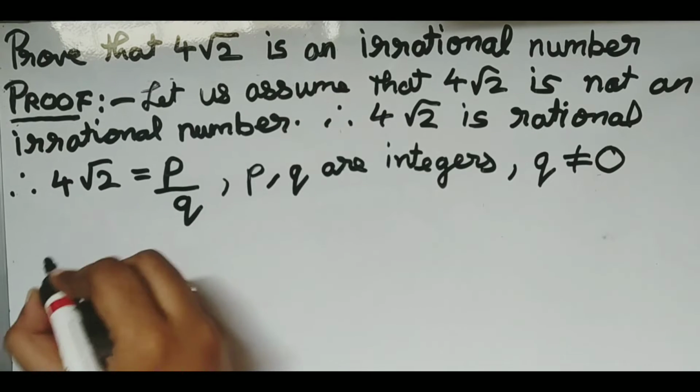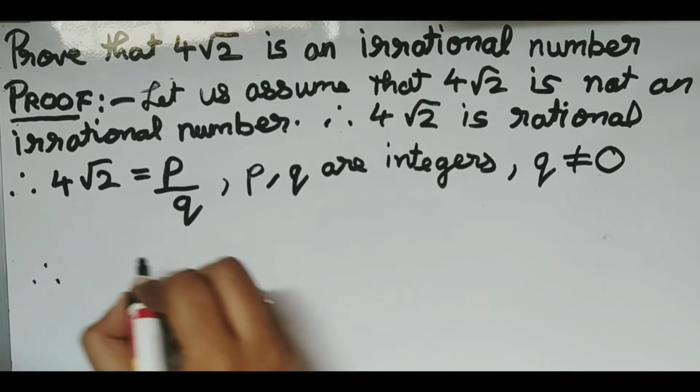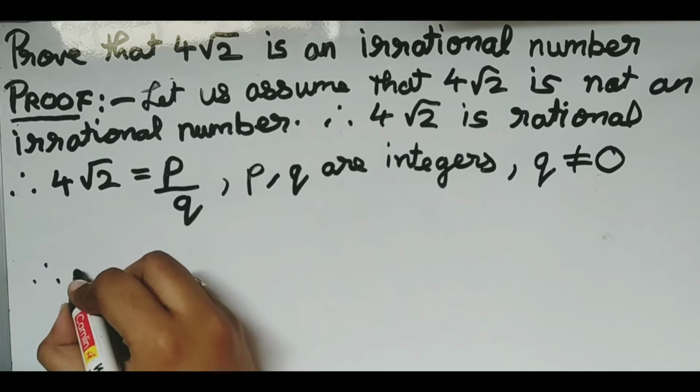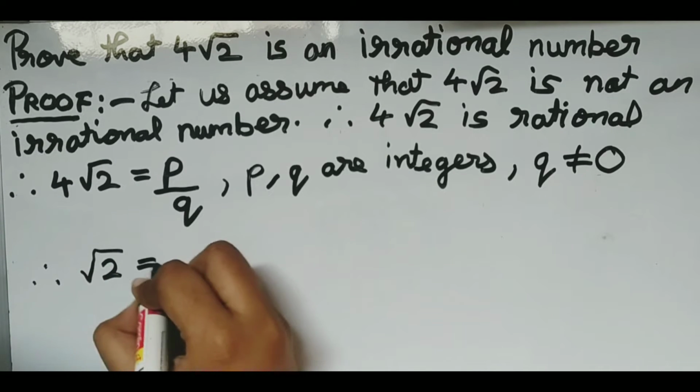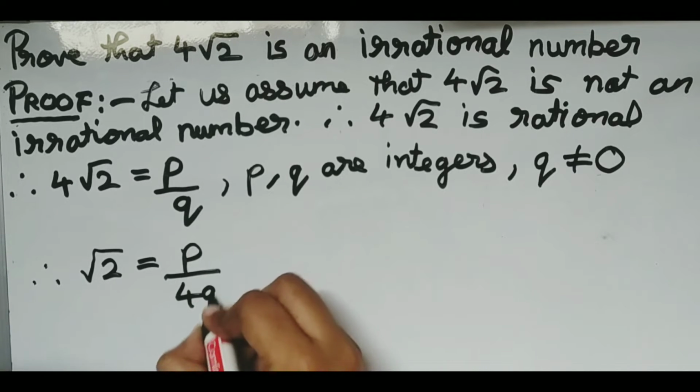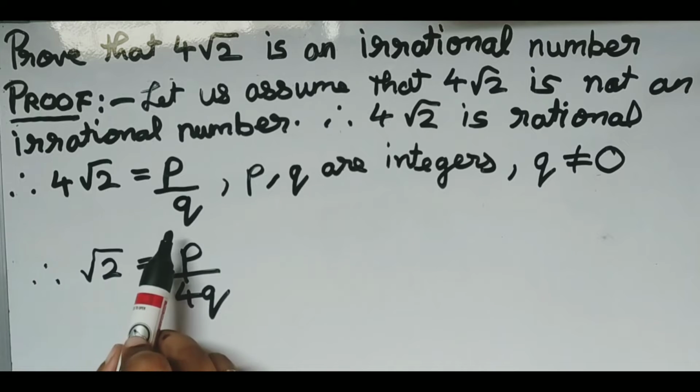Now therefore, this 4 we can take to this side, therefore root 2 equals P upon 4Q. This 4 we have taken to this side.